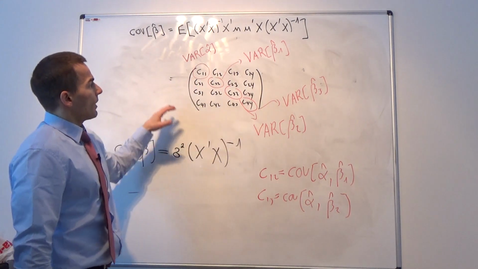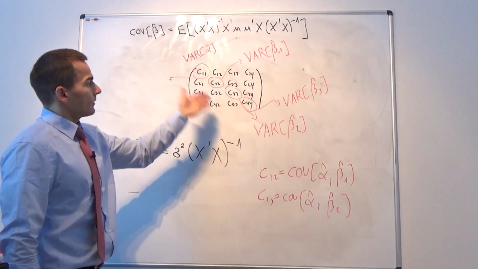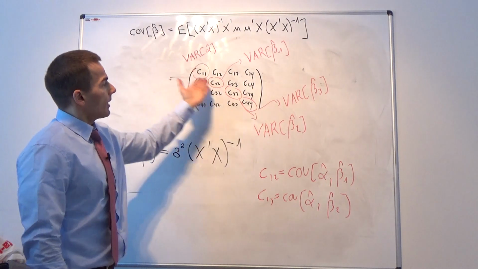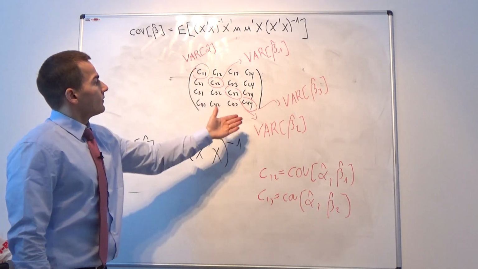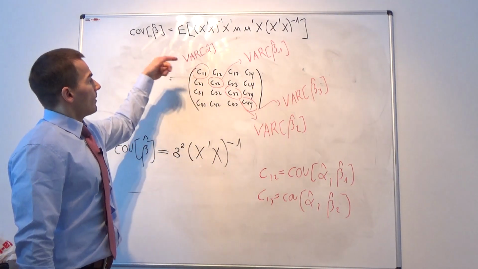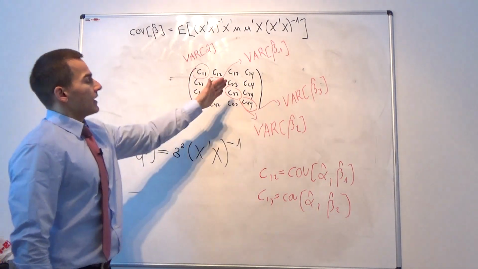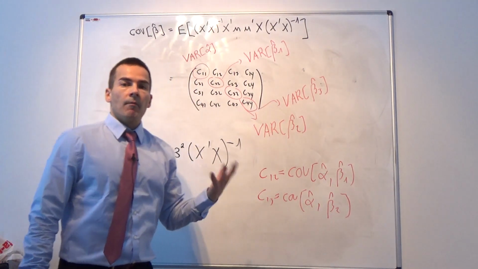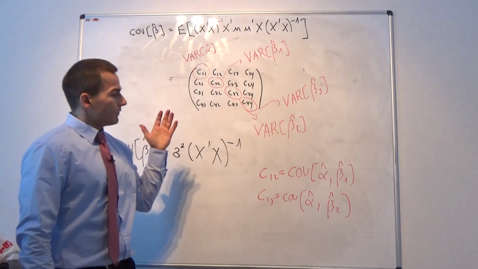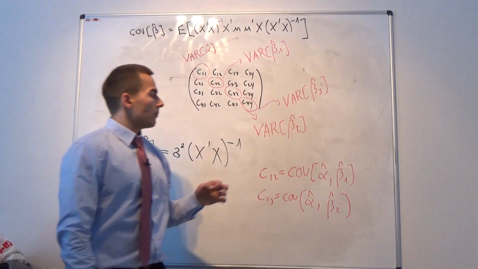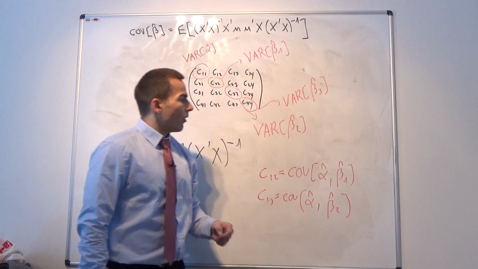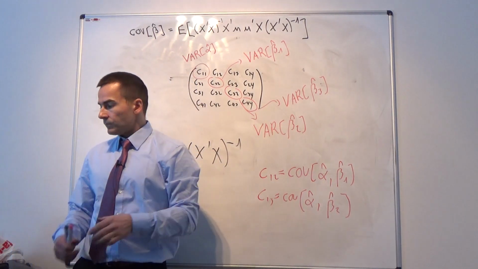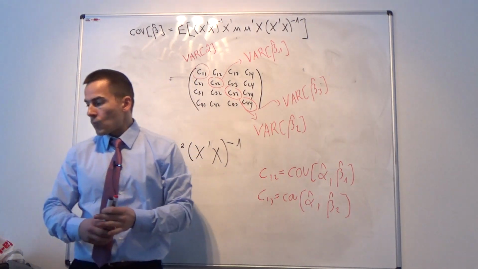So we can go through the covariance matrix here. It's a symmetric matrix that has on the main diagonal the variances of our point estimators, and above and below the main diagonal we have the covariances between our point estimators.